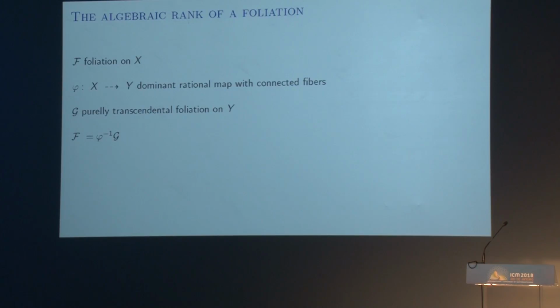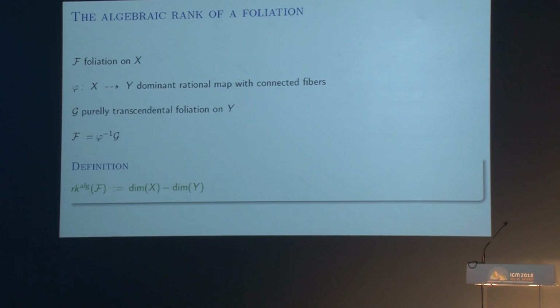Then this foliation F is invariant by this rational map, so it comes as a pullback of a purely transcendental foliation G on Y. By purely transcendental, I mean that there is no positive dimensional algebraic variety on Y that is everywhere tangent to G. We define the algebraic rank of the foliation to be the relative dimension of this dominant rational map. This is the dimension of the biggest algebraic variety through a general point that is everywhere tangent to F.